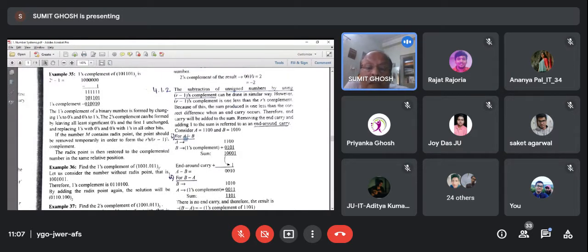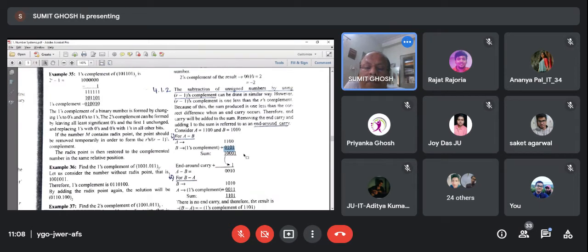So for A minus B, A is 12 and B is 10. So A is greater than B in this case. So A minus B is A plus 1's complement of B. Now, not 2's complement. So A I write down as it is, 1100. What is 1's complement of B? 0101. Yes, very good. So it is 0101.